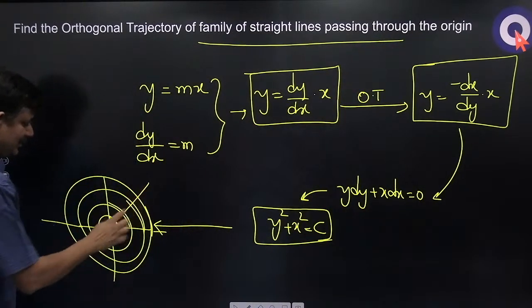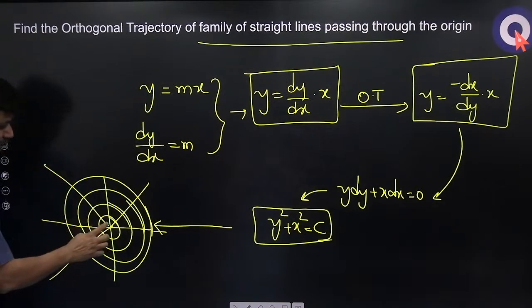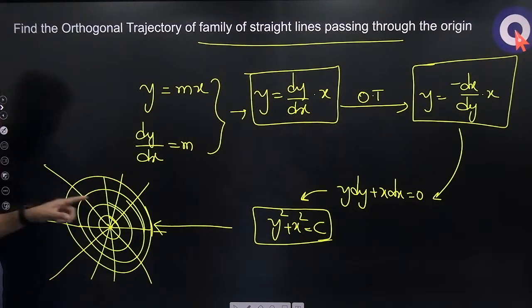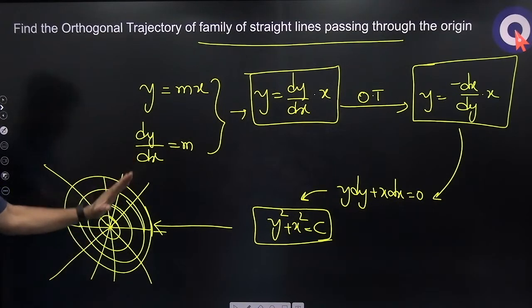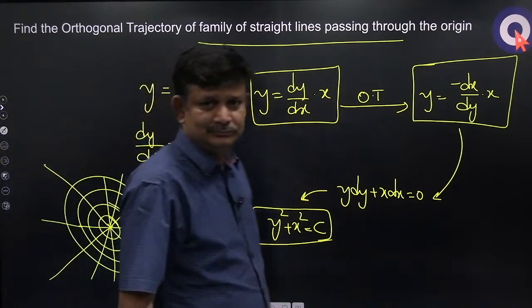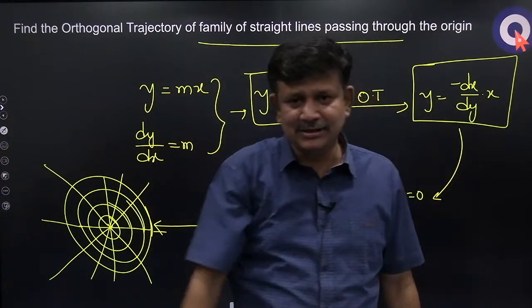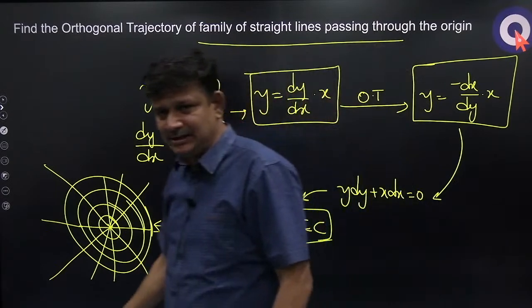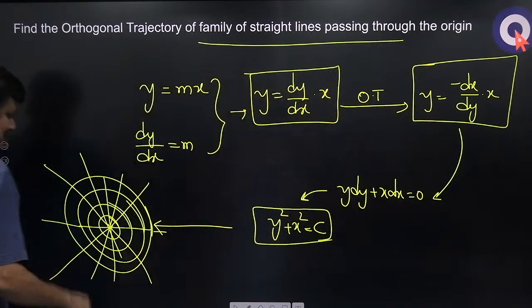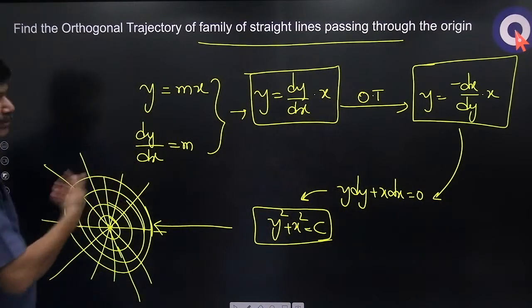There could be infinitely many straight lines passing through the origin. Now to each of these circles, is this line not a normal? Any line passing through the center is a normal. This line is passing through the origin and the origin is the center of the circle. So all these members are normals to the members of this curve.